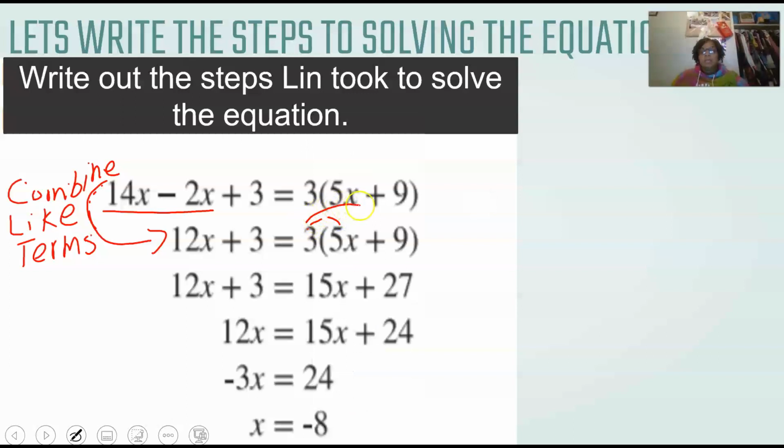Correct. She took the 3 and multiplied it by everything inside parentheses, which is called the distributive property.